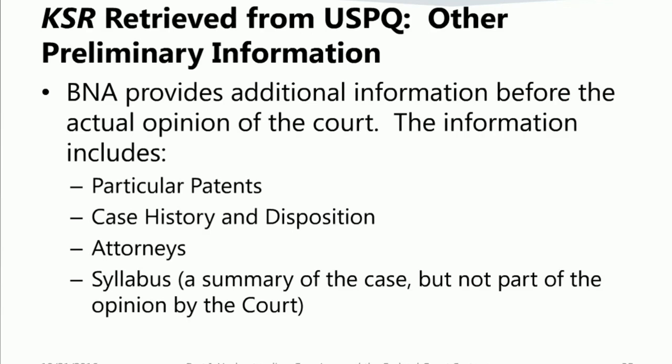The final section before the actual decision is the syllabus, which is commonly included for Supreme Court decisions, but generally not seen for decisions of lower courts. It is a summary of the case, but does not form an actual part of the decision of the court. The important point to know is that none of these preliminary items constitutes the decision of the court. Thus, they should not be cited.